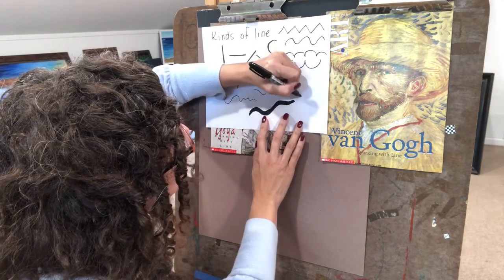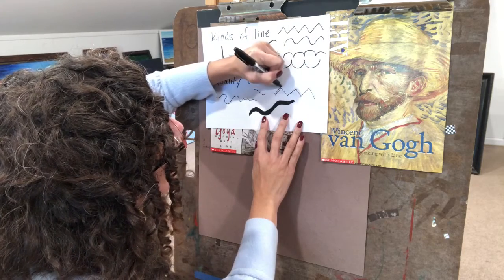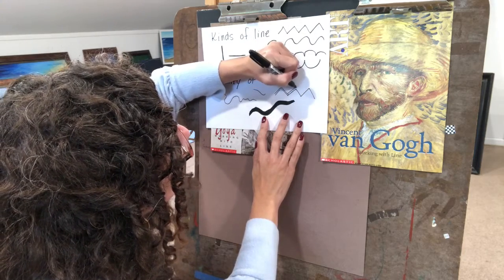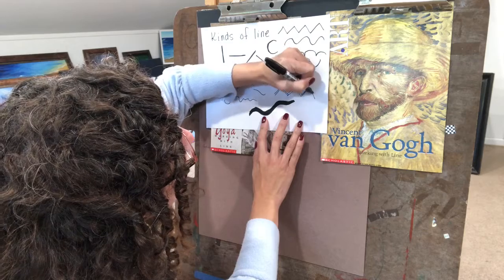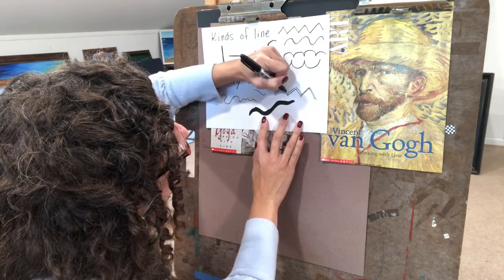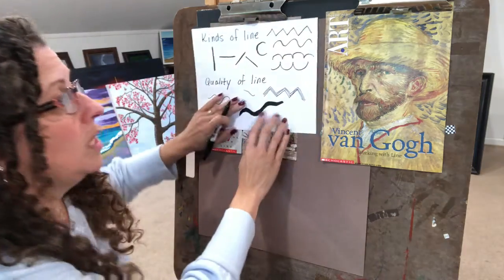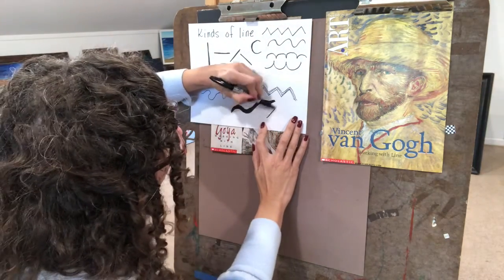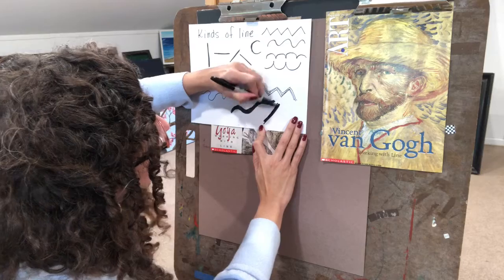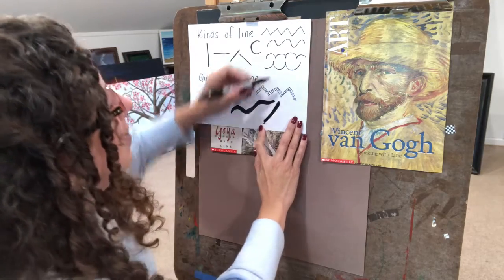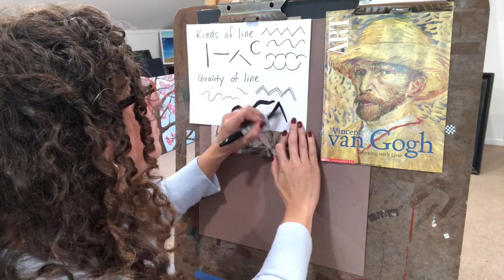It could be a zigzag line, but if I make the quality of this line very thin, it's going to look different than if I make a zigzag line that is this quality.